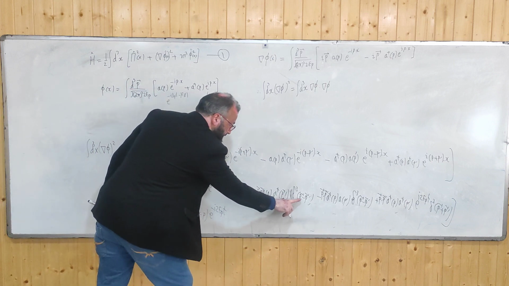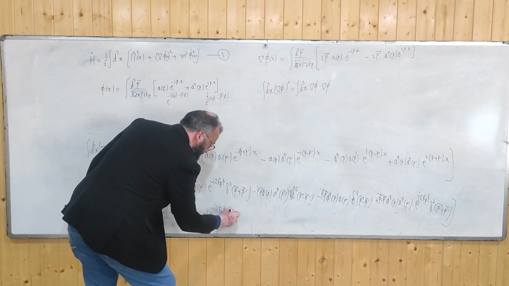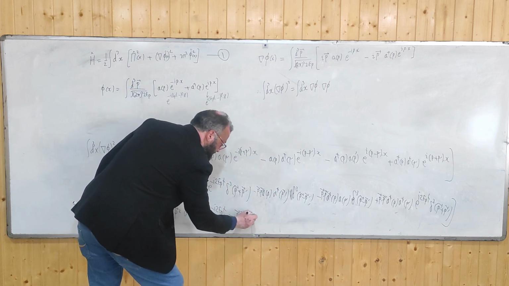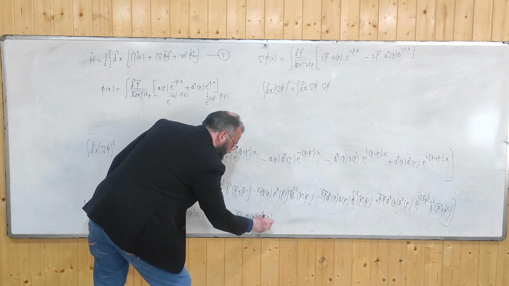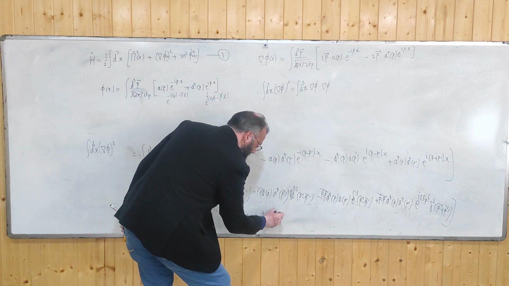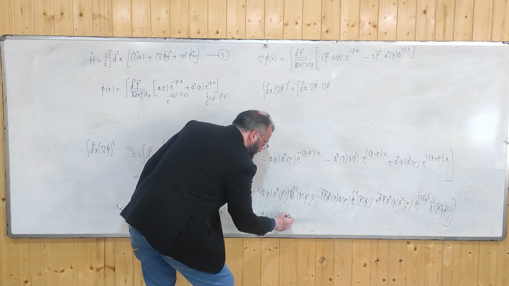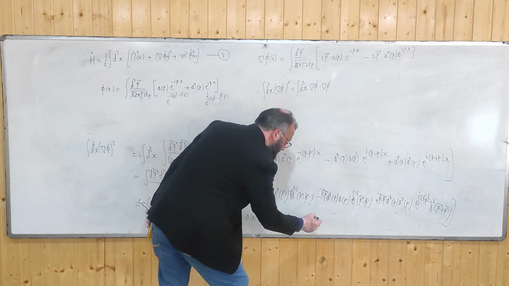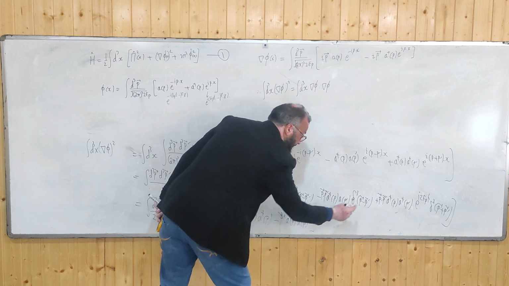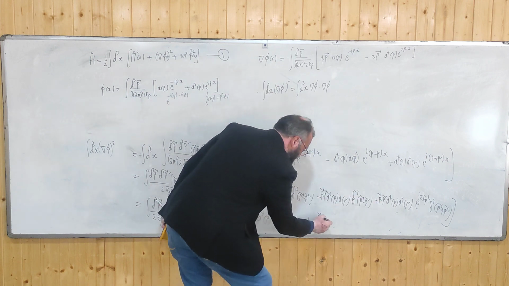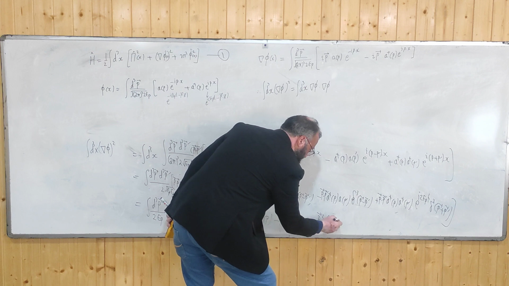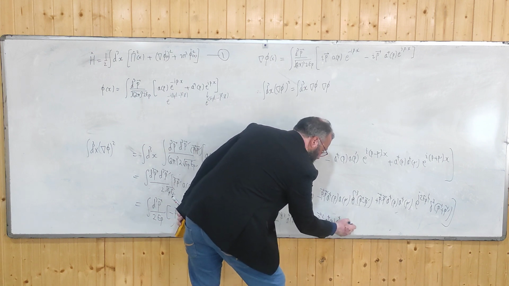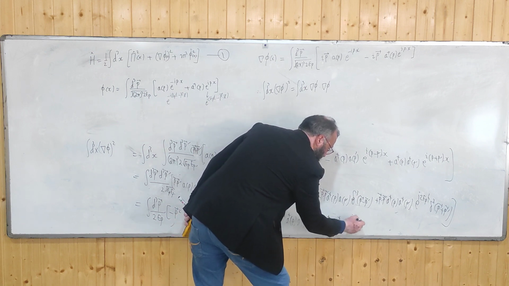So here p prime will be replaced by p. It is simply minus p squared a_p a dagger p. In the next term, it is same as p squared a dagger p a of p. In the last term, you are having minus p squared. Why? p prime is minus p. So a dagger p a dagger minus p e raised to i twice E_p t.